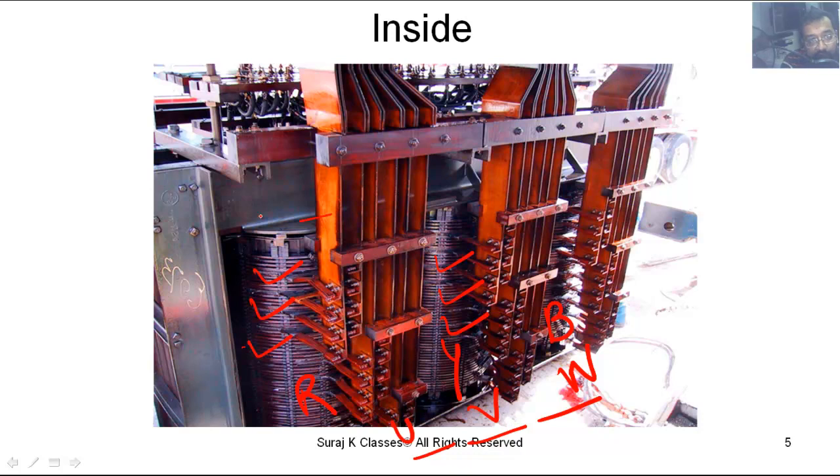These are the bus bars. Because it is carrying a huge amount of current, bus bars are used to carry it, because simple wires cannot be a solution for carrying such current, as wires are kind of flexible as well.